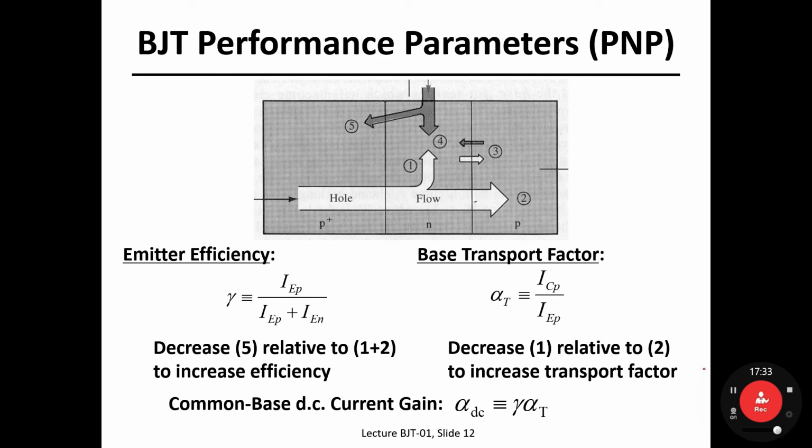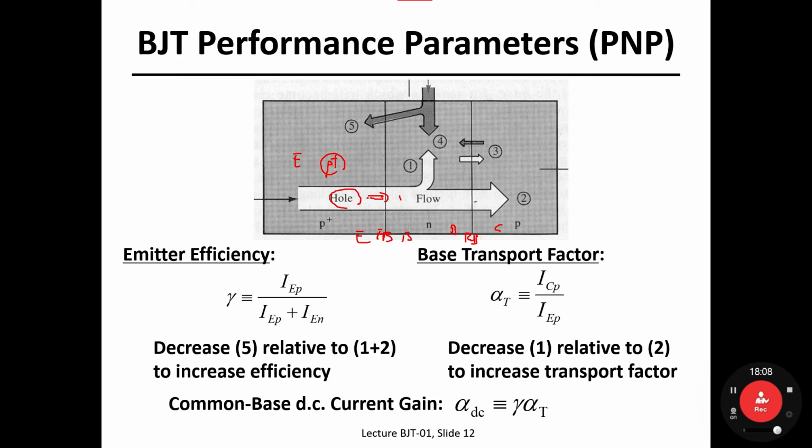BJT device is. Okay, so go back to the cross-sectional view showing how the carriers are moving under bias. Again, under normal operating bias, say forward biased emitter base junction and reverse biased base collector junction. Since this is a P plus side, many holes would be injected into the N side, which is quite identical to a forward biased PN junction, right?